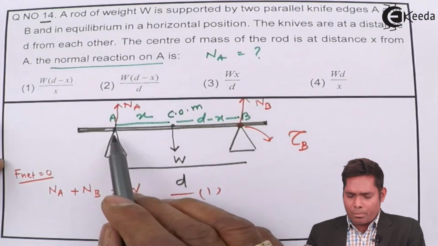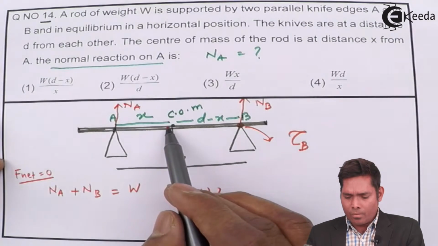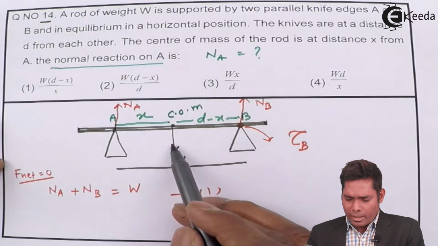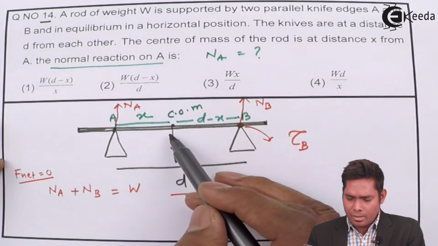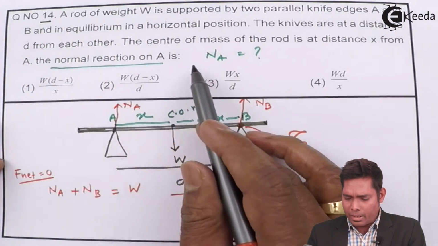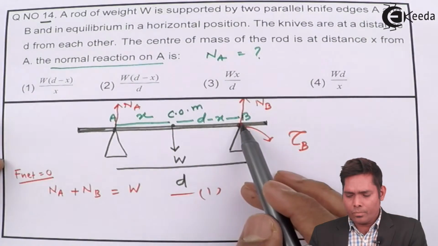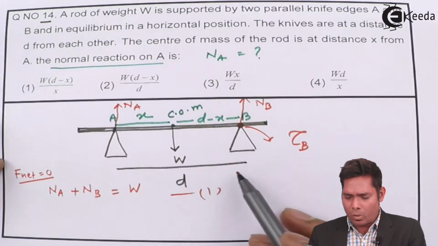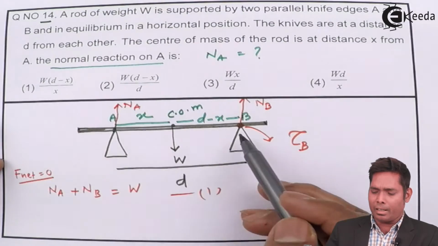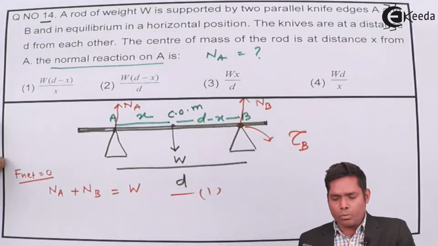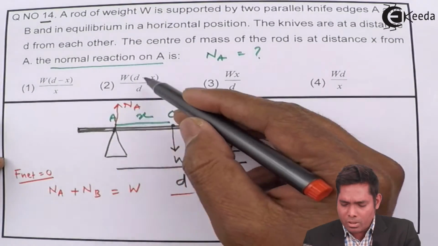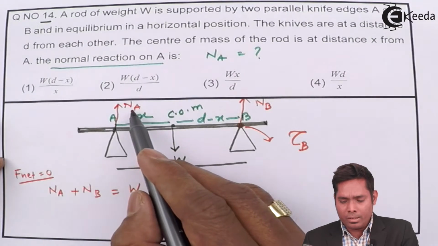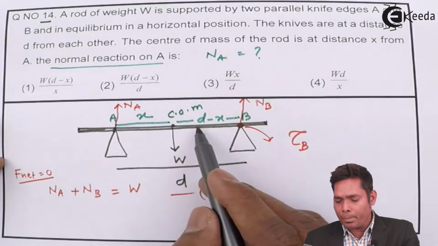In that case, I have only two forces acting. One will try to rotate the rod in the anti-clockwise sense, and the other will try to rotate it in the clockwise sense about point B. So these two will balance each other out. Here the clockwise torque because of NA is the force NA times the perpendicular distance.